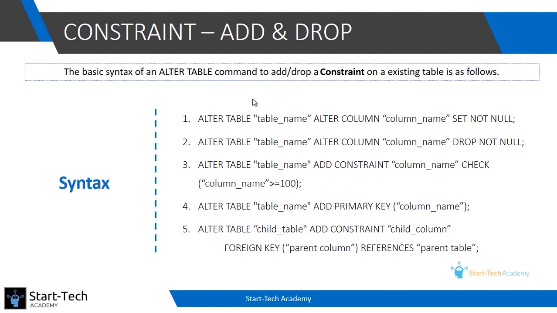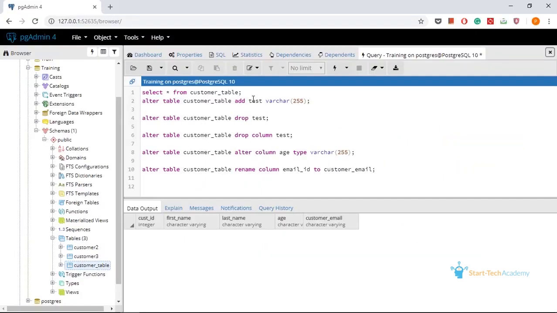Whenever you will be inserting data into any particular column, this column must have some value. If it is not having any value, it will give an error. So let us go and run this query. Alter table, customer table, alter column, column name.